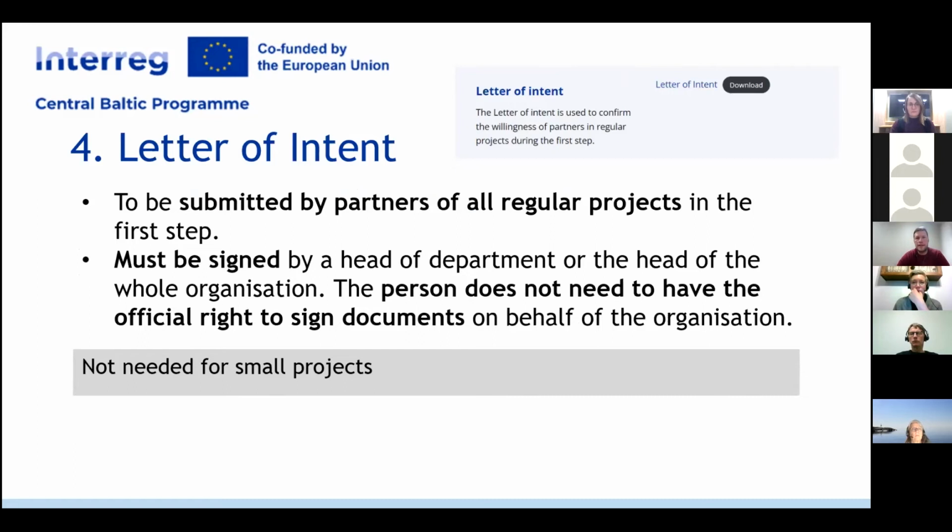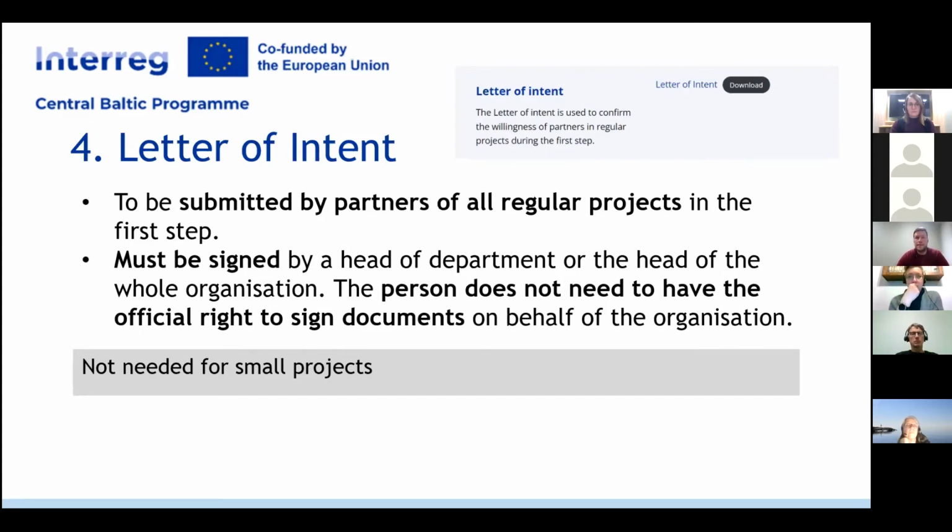which is the fourth document needed when submitting an application. And this document should be submitted by partners of all regular projects in the first step when applying. And this one may be signed by a person who does not have the official rights to sign documents on behalf of the organization.